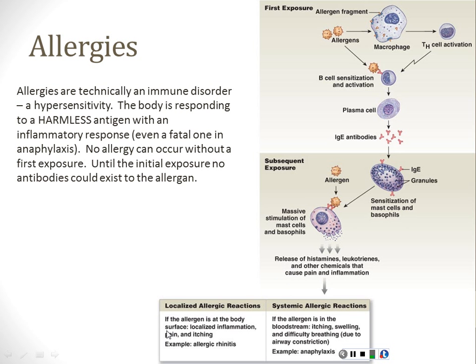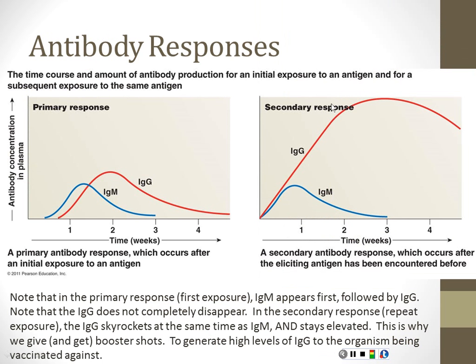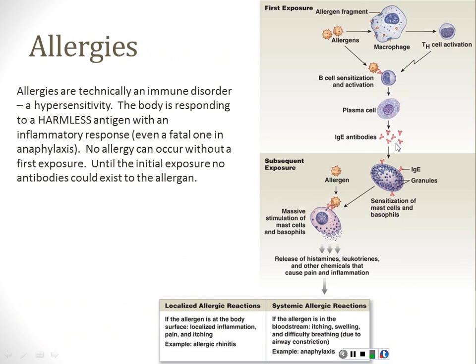Another example of a local reaction is hay fever, we call it in this part of the country, allergic rhinitis, where pollens trigger an immune response just like you have a cold. Allergies have a lot of the same symptoms as colds do: runny nose, sniffly nose, congestion, all those things. So it is the immune system, after a first exposure, responding to a second exposure with a more vigorous response the second time.